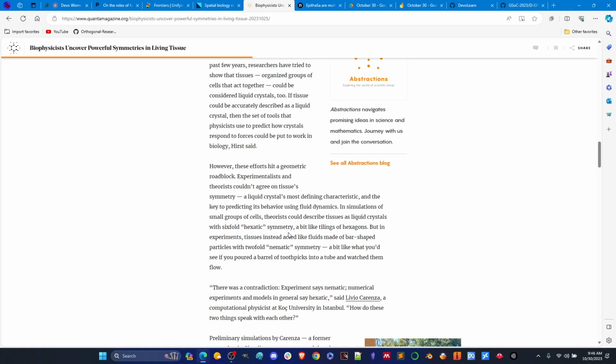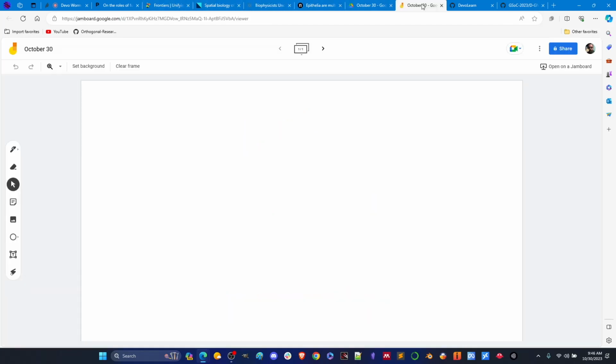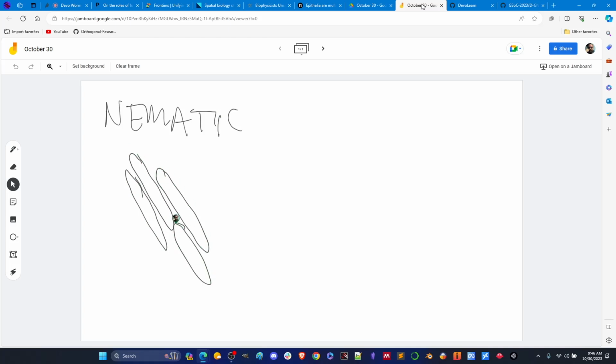Let me see if I can draw this out. This is actually an important concept. So if you have nematic symmetry, and this is what they talk about a lot of times in liquid crystal theory and soft active materials, you have these, and these are like bacterial cells that may be packed in a sheet.